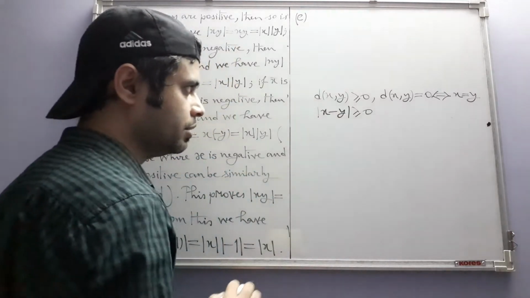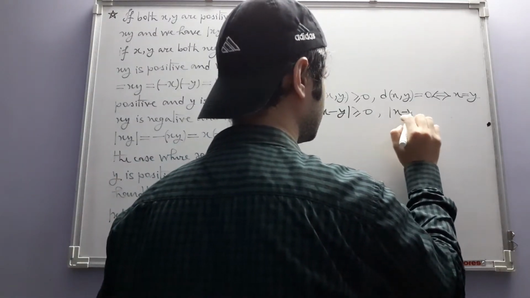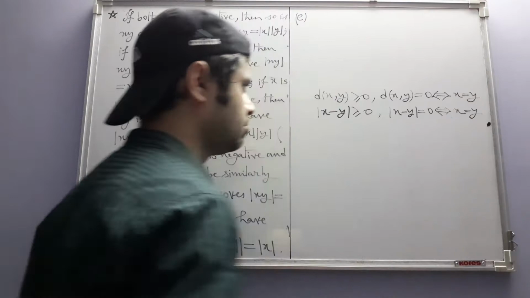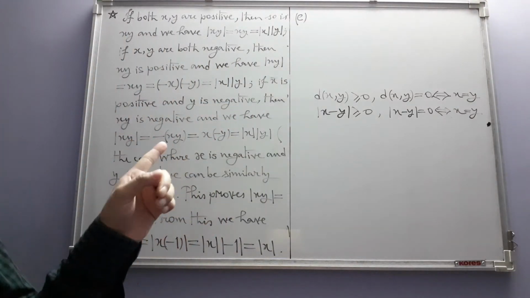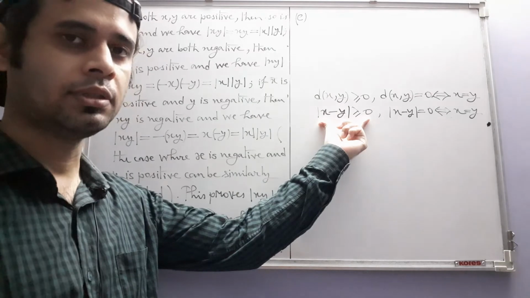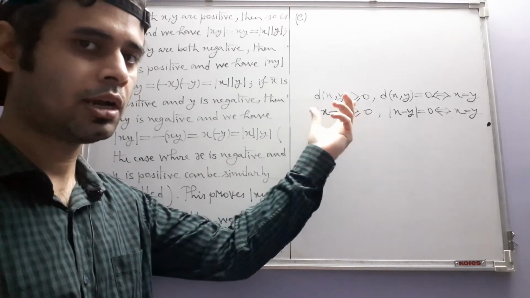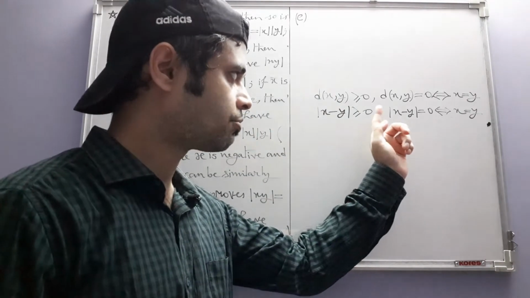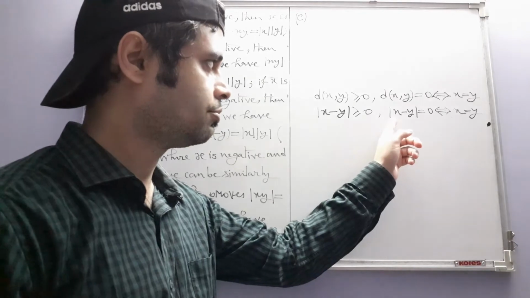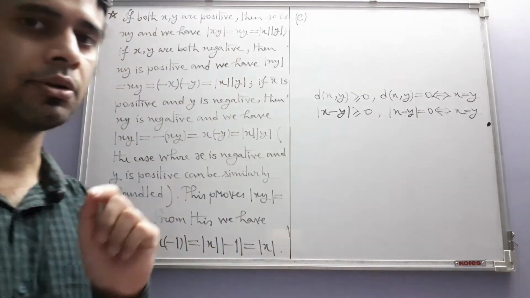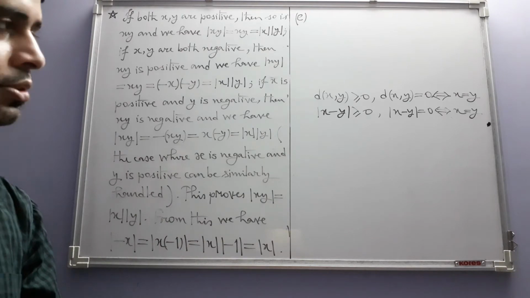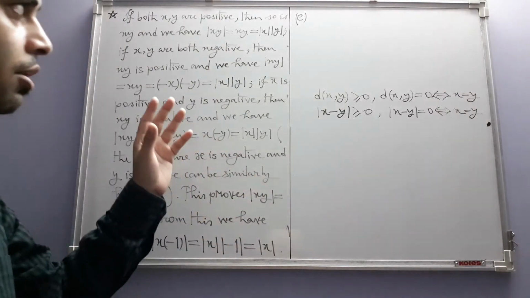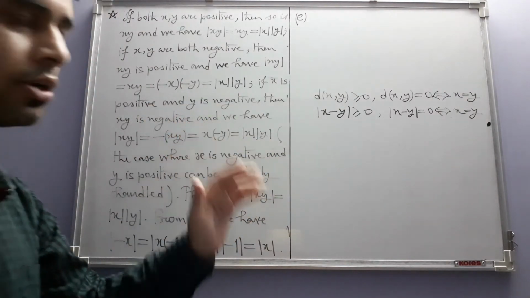That means we have to prove this, and this is equal to 0 if and only if x is equal to y. From non-degeneracy of absolute value, we directly have this inequality, because all absolute values are non-negative. So in particular, this one is also non-negative. From that same non-degeneracy of absolute value, we know that this is equal to 0 if and only if x minus y is equal to 0, which is equivalent to x being equal to y. So from part A, this result follows directly.